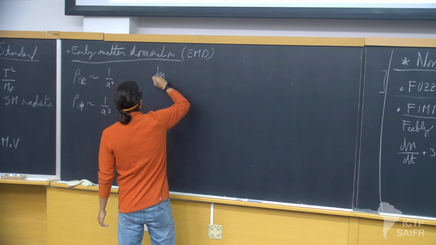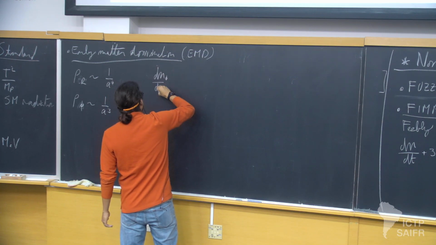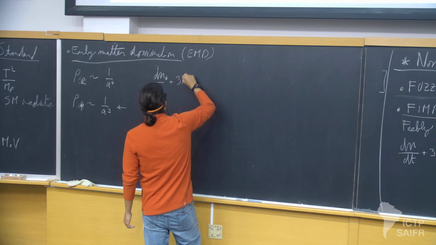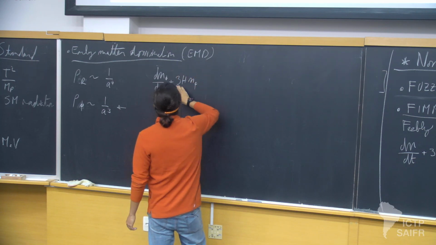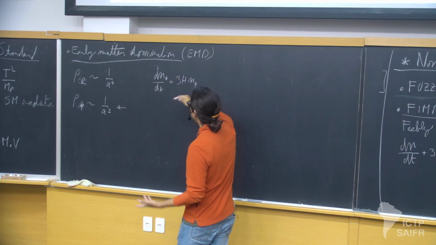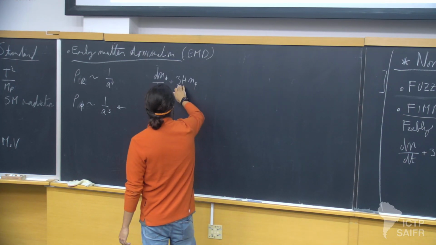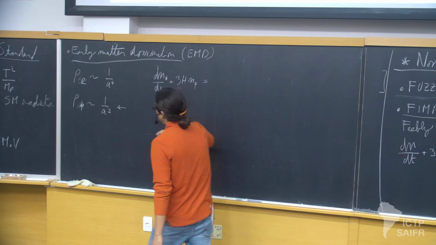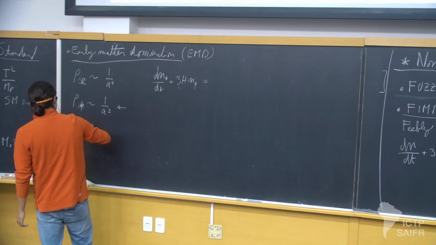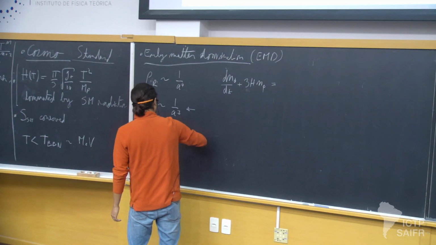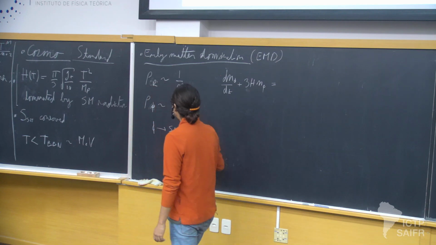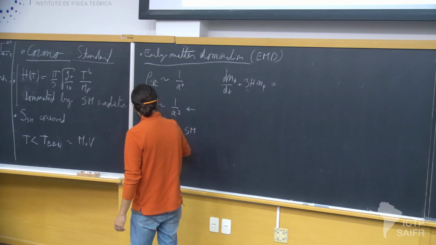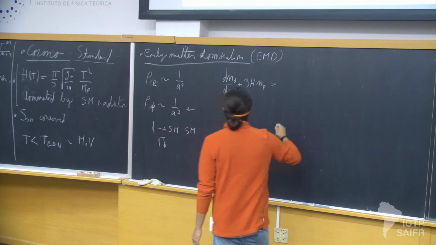So the equation for the number density of phi, dn_phi/dt, is basically the Boltzmann equation that we have seen 100 times. Plus 3H n_phi, 3 because it's matter, 3 dimensions in space. So the Liouville operator is exactly the same. And we will assume that phi eventually decays into 2 standard model particles, with a decay rate gamma_phi.